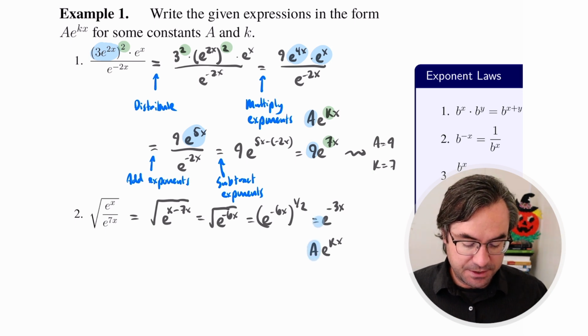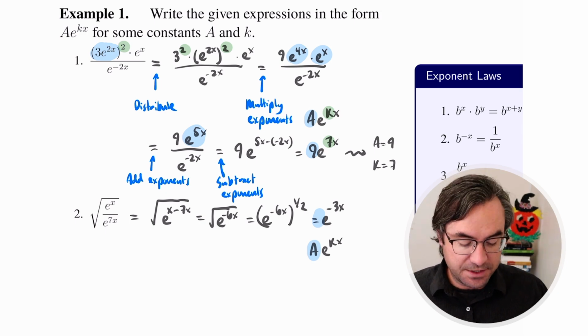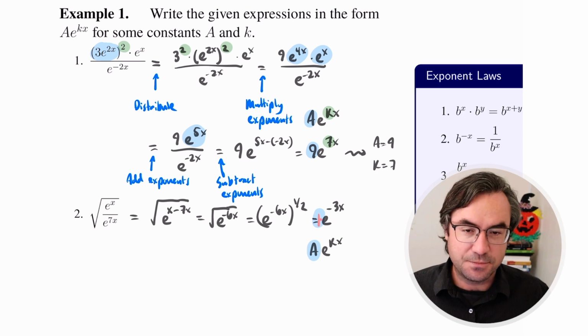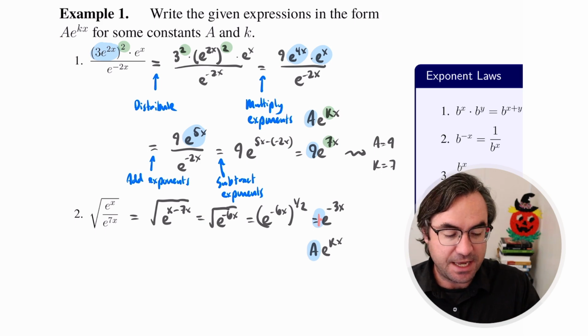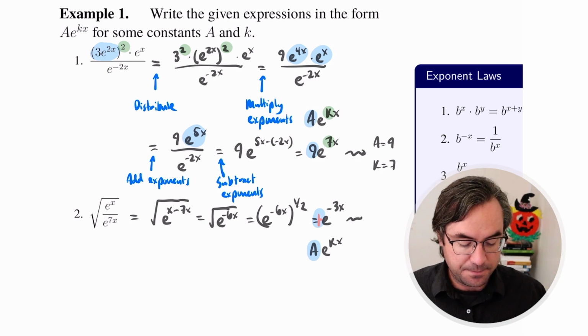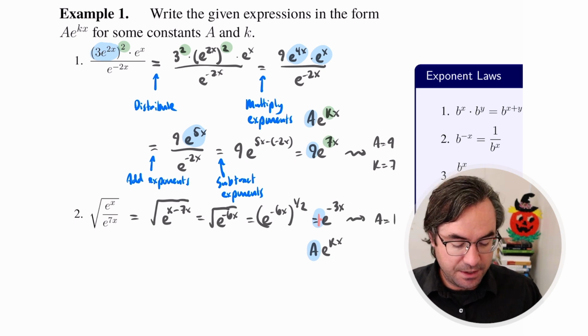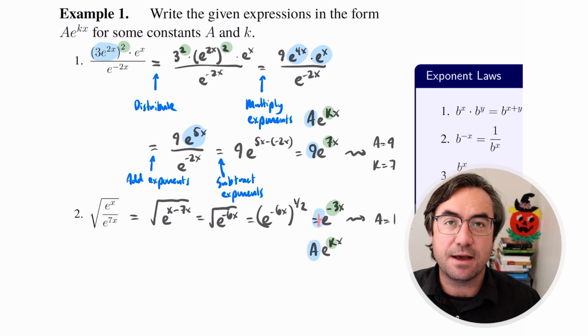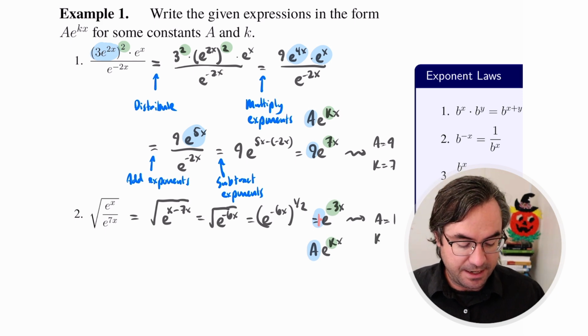So the a term is the number in front of the e, and even though there's nothing visible, there's always something there. There's a hidden 1. So that's telling us the a value here is 1. And then the k value is the constant that's multiplying the x in the exponent there. So our k value here is negative 3.